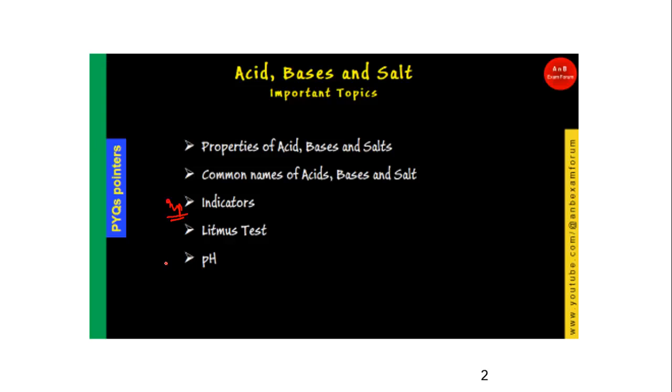And again, a very important mathematical concept is pH, that is potency of hydrogen, that is power of hydrogen. In today's session, we are only covering acids and bases. In the remaining, we are going to have another session for salts and all these indicators.